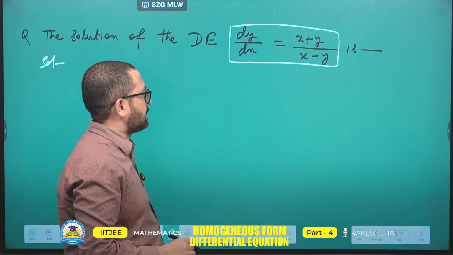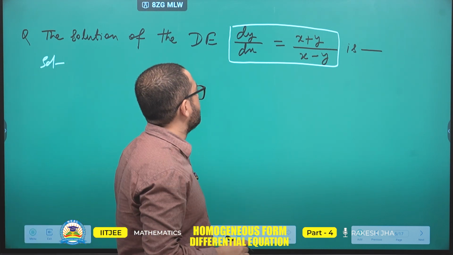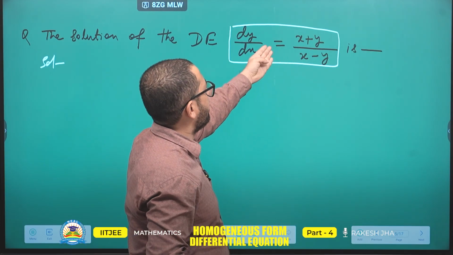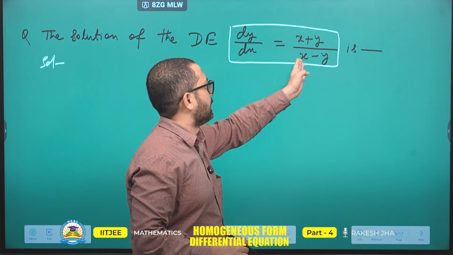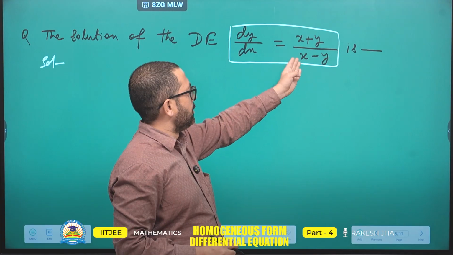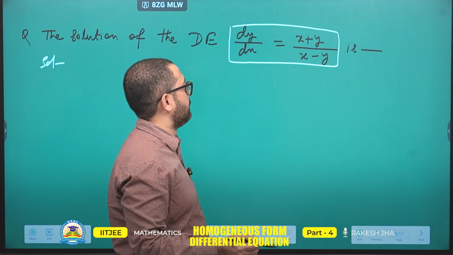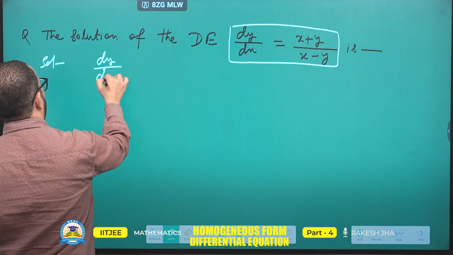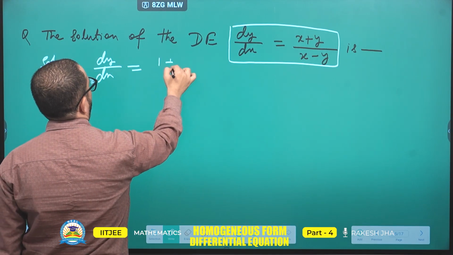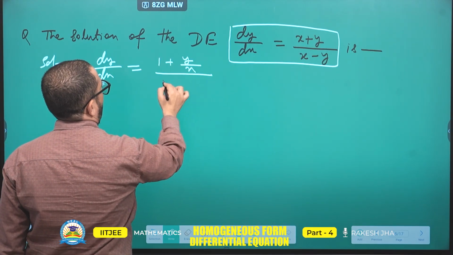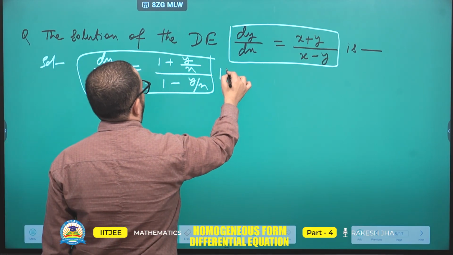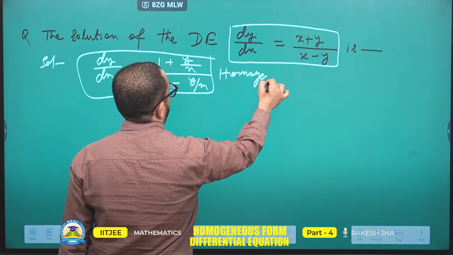In this case, on the right hand side, if you divide numerator and denominator by x, you will get 1 plus y upon x in the numerator and 1 minus y upon x in the denominator, and this is completely in the homogeneous form.